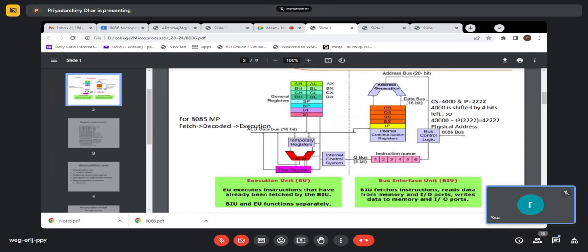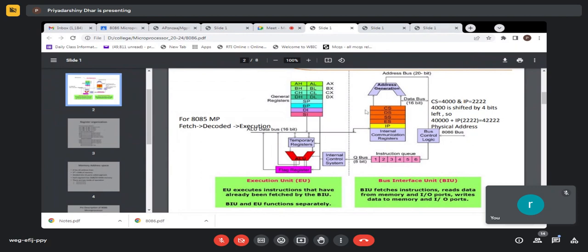It is 16 bit, not 32 bit. DH is 8 bit, DL is another 8 bit. So this is 16 bit. The 8086 microprocessor is a 16-bit microprocessor, not a 32-bit microprocessor. Clear? Write down: 80386 is a 32-bit microprocessor. This one is our 16-bit microprocessor.